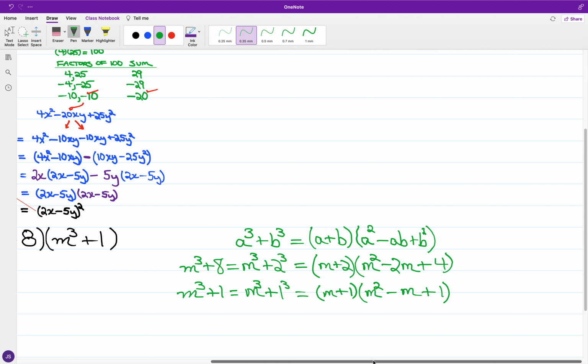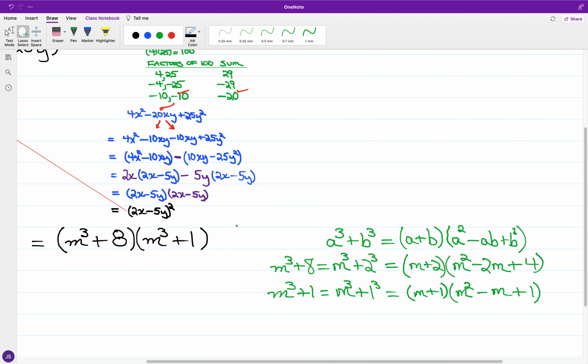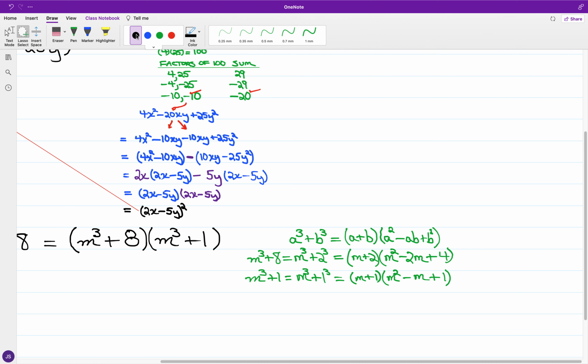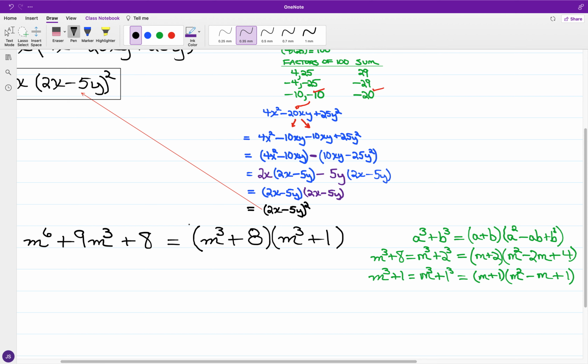Okay. Just taking these results, what was this original 6th order trinomial expression? For m to the 6th plus 9m cubed plus 8 in the completely factored form, from m cubed plus 8 we have m plus 2 times the quantity m squared minus 2m plus 4.